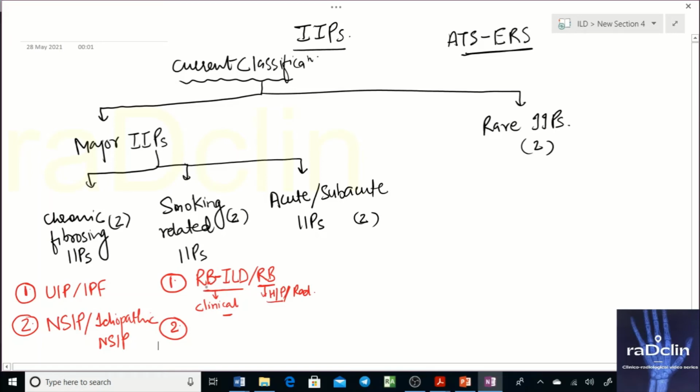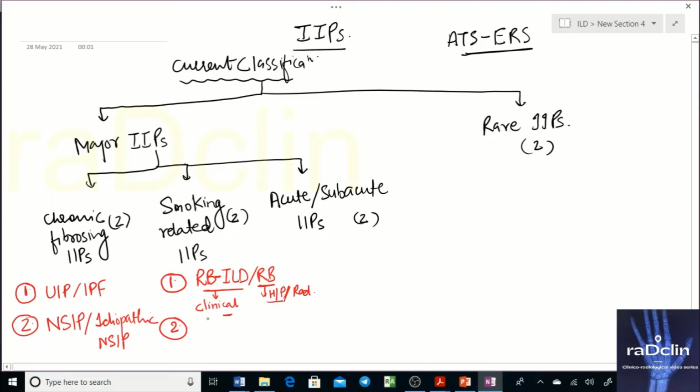So if I have findings on HRCT or biopsy that suggest the patient has a smoking related IIP, but the patient is asymptomatic, then it doesn't become an ILD. The suffix ILD is added only when the patient has a clinical syndrome associated with it. So the clinical counterpart here is RB-ILD. If you diagnose it in an asymptomatic patient, then it becomes only RB, respiratory bronchiolitis.